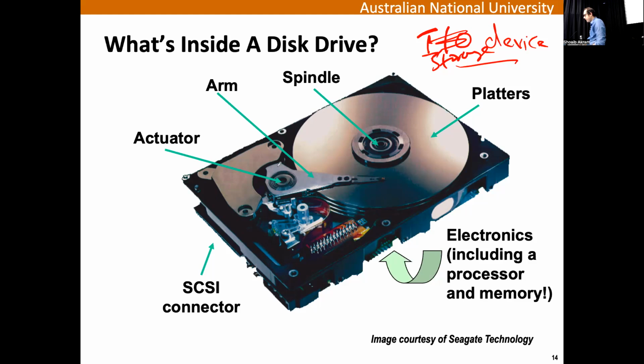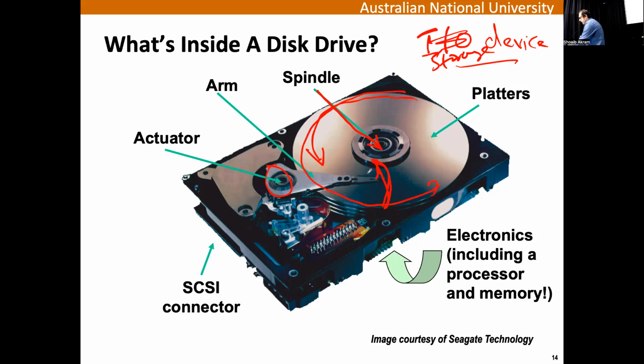There's an actuator that moves this arm in this direction along the radial axis, and these platters rotate, okay? So a platter has two surfaces, and on both surfaces, there is recording material where we record our bits, our storage information. And there's a spindle that actually rotates these platters, okay?